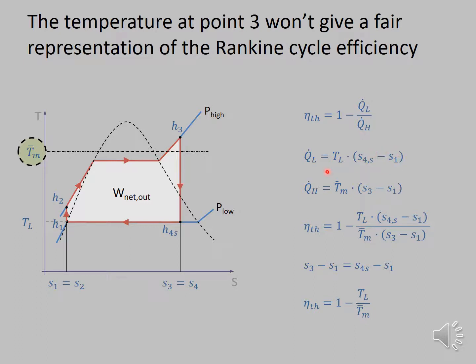The same goes actually for this QH here. However, we need to use a form of average mean temperature here times S3 minus S1, or actually you could say like this: if we had a differential and you integrate here, you can find this average temperature basically.